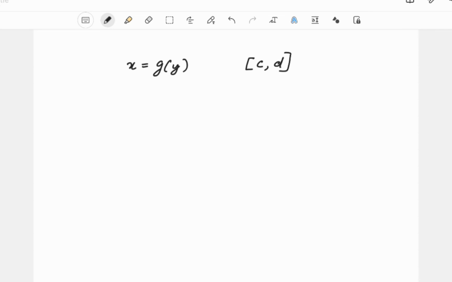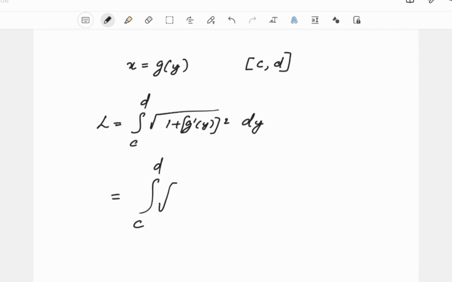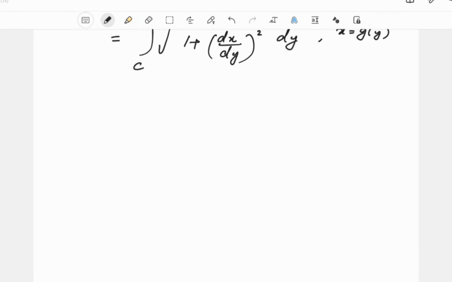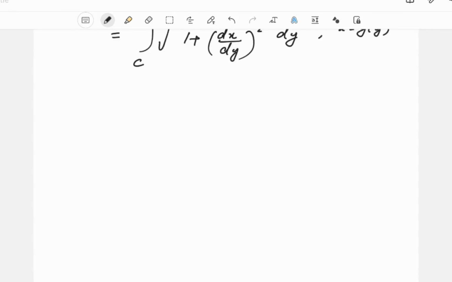That means here y varies from c to d and the formula is L equals integral c to d square root of 1 plus g dash of y the whole square dy, or equivalently integral c to d square root of 1 plus dx by dy the whole square dy, where x is equal to g of y.